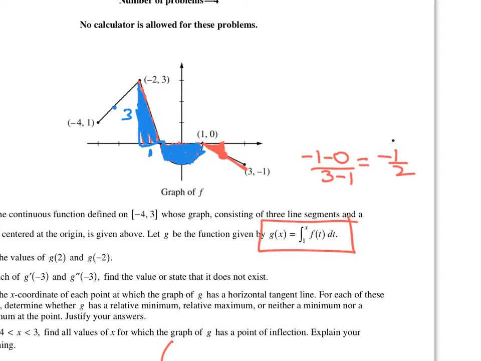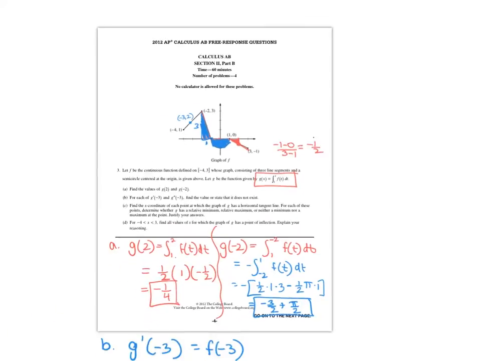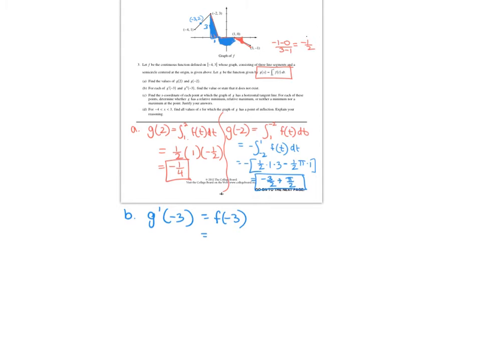We're right here. So just find that ordered pair using slope again. Your slope over here has a slope of 1, so that means your output is 2. And then g double prime of -3, that is the derivative of f at -3.